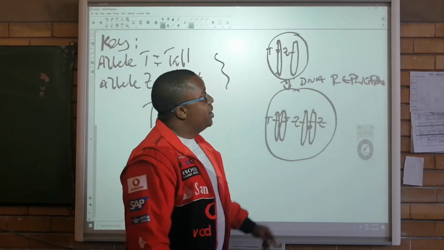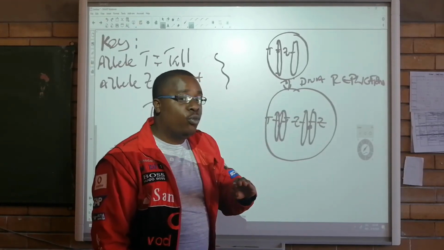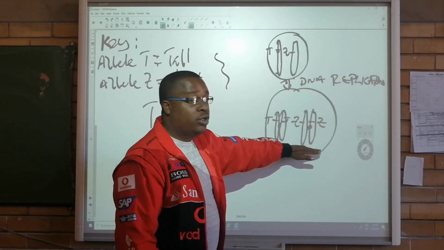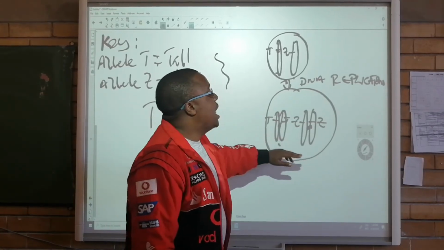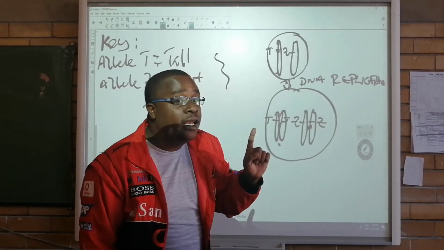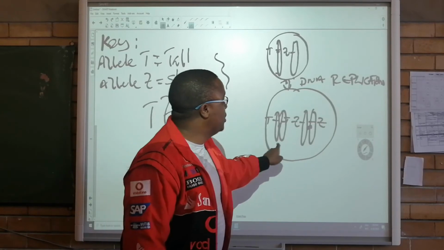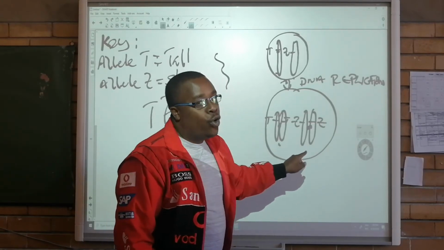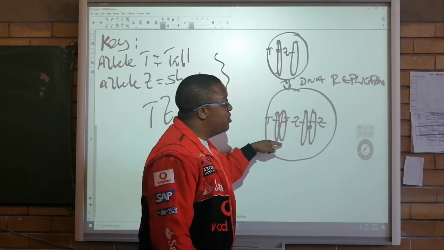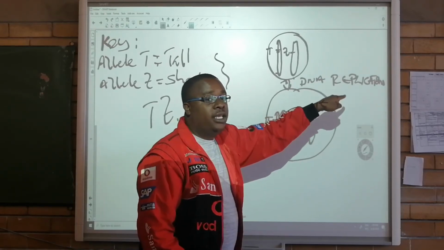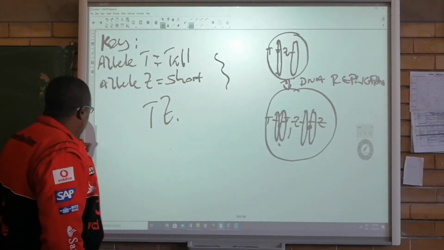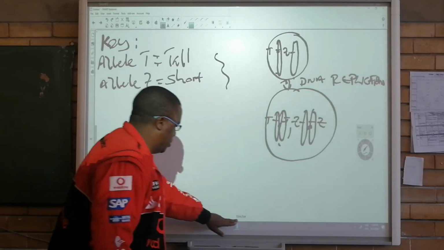We still have 2 chromosomes, chromosome 1 and chromosome 2. How many homologous chromosome pairs do we have? We still have 1 homologous chromosome pair, because this is a pair. The only difference between this pair and that pair is that for this pair, this is after what? DNA replication, right?